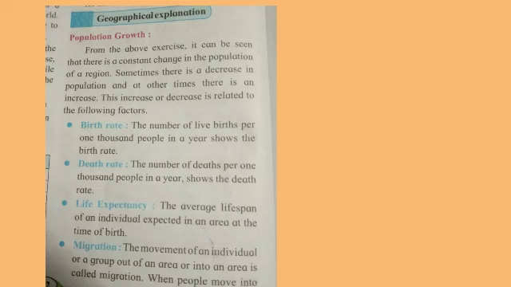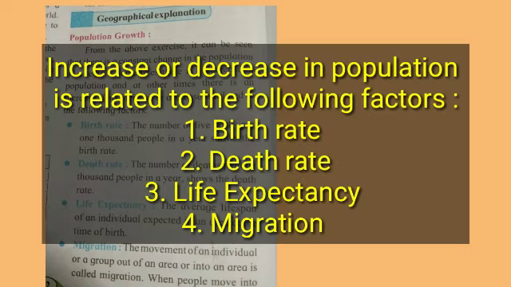Population growth. From the above exercise, it can be seen that there is a constant change in the population of a region. Sometimes there is a decrease in population, at other times there is an increase. This increase or decrease is related to the following factors. First factor is birth rate.